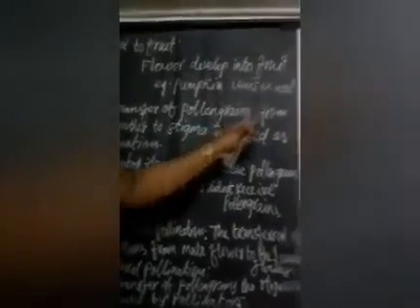Unisexual flowers are of two types. First one, male flower. Second one, female flower. A male flower is one with androecium without gynoecium. A female flower is one with gynoecium without androecium. The flower develops into a fruit.